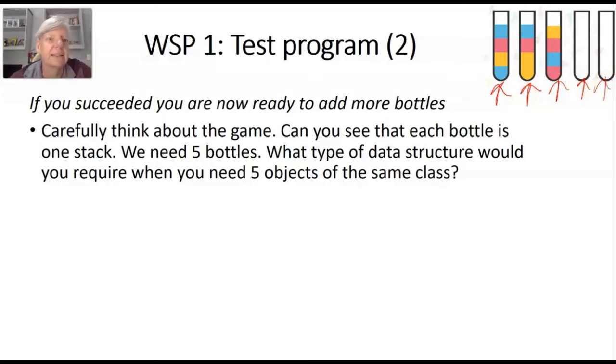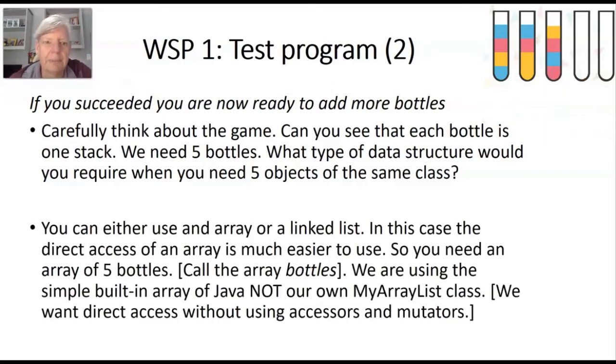We require some kind of data structure in which you can have 5 objects of the same class. Do you know what data structures are available? Isn't that cool? We can use an array.